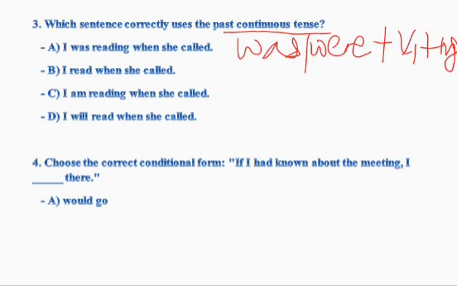So we try to look for the sentences that fulfill this criteria.